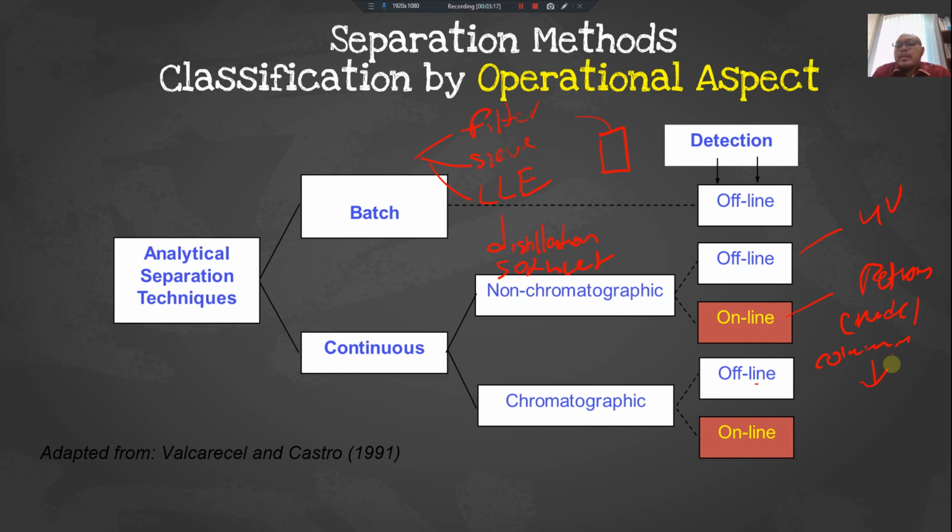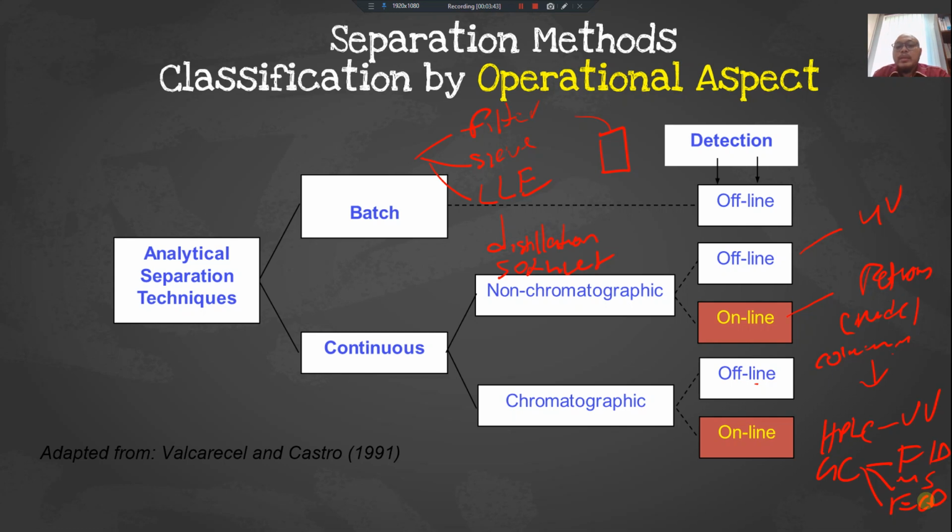We have a lot. We have the HPLC, we have the GC, whereby at the end of the separation system we have the detector, either UV, FID, MS or ECD. So we have a lot of online chromatography. So that is the classification by operational aspect.